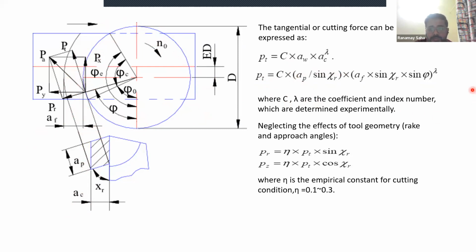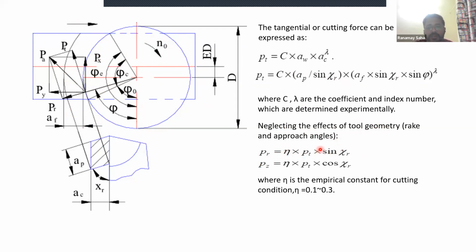So what is then this angle? AXA, that is the angle of contact between this tool and the workpiece, right? So that way you find PR, considering all the tool geometry effects to be neglected.